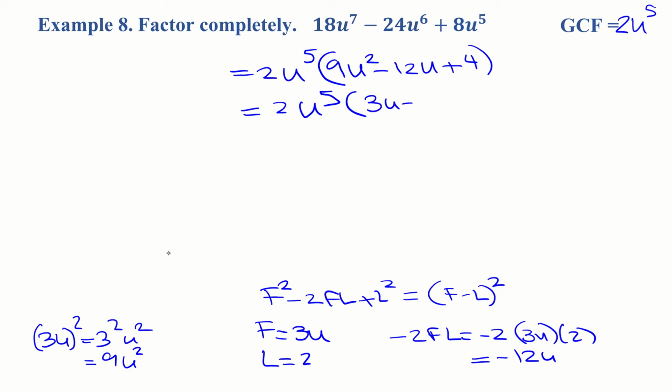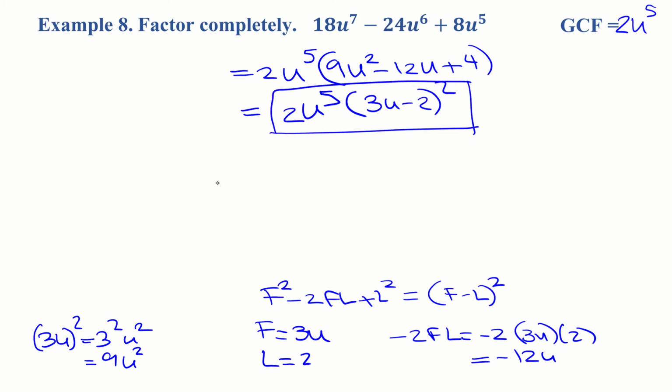So we write it as 3u minus 2 squared. And of course, notice that we carried the 2u to the 5 as we should. Whenever we have a GCF like that, it's going to be part of our final factorization. All right, make sure you can handle that before we proceed.